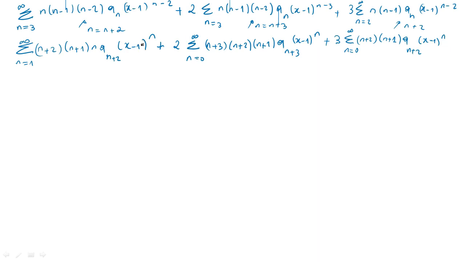That was the first step, and the next thing we're going to do is get all the starting points to the highest starting point, that is n equals 1. That means these two expressions over here, I'm going to let them start at 1. So I'm going to take out the 0th term for this one and this one.